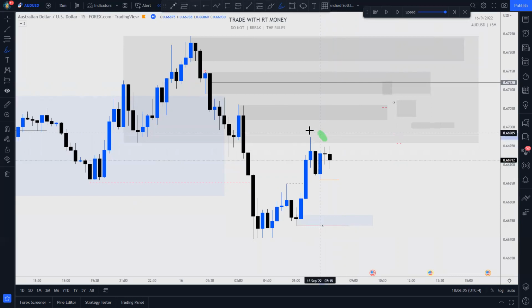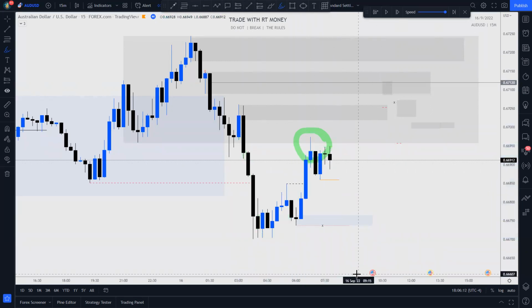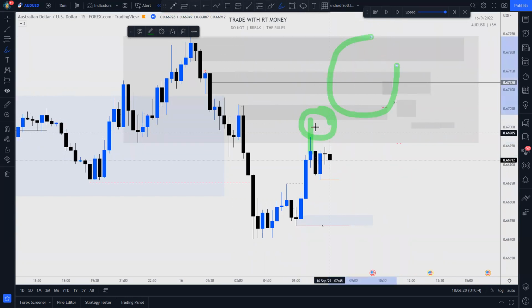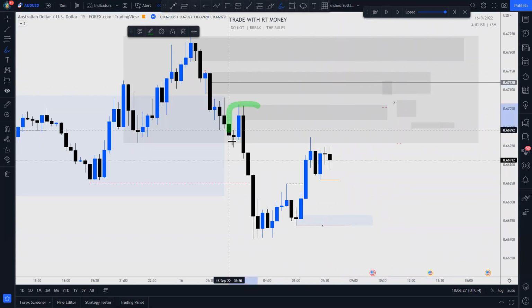Did I miss my optimal entry? This looks like a great entry, right? But for me, it's not great. It's good enough, but not good enough for me. I want to see if this popped up here, if that wick came up here, we're well in premium, and this is probably around the 618 golden ratio on the Fibonacci retracement tool. That would be best. But I'm looking at this zone here.